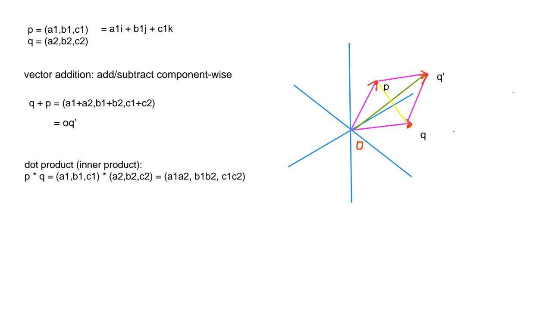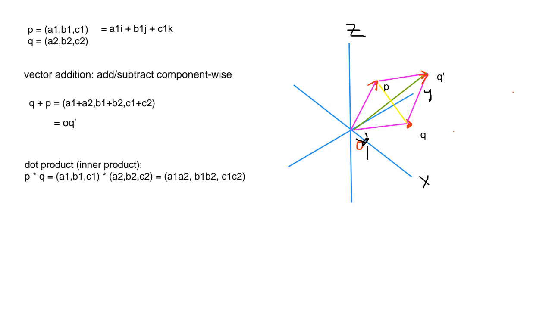Let's call this the x-axis, this the y-axis, and this the z-axis. So i is this guy on the x-axis. I starts from the origin as the initial point, and the endpoint is the number 1, value 1.